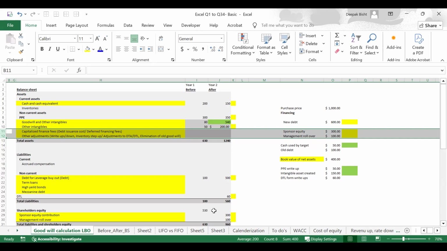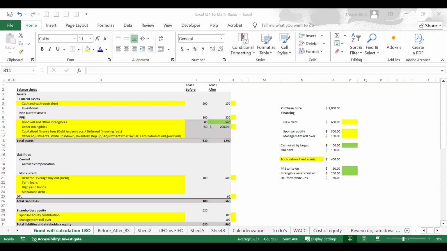So equity shrinks to only the sponsor's contribution or the management rollover, and asset size rises mostly because of the creation of goodwill from the purchase price. And after the transaction, the company is far more leveraged and focused on debt repayment once the leveraged buyout is completed.